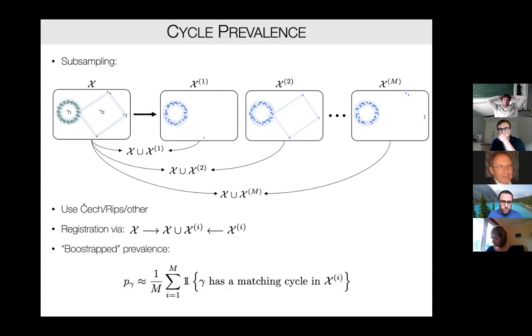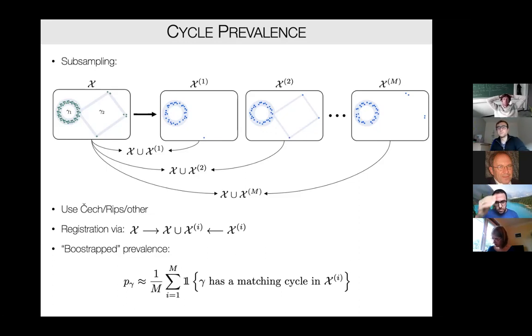And then at the end of the day, we can compute this bootstrap version of the prevalence value: we go over all those matchings and find how many times you could match gamma 1 or gamma 2 with the subsample, and just divide it by the number of subsamples, and then you get the prevalence value that you want.